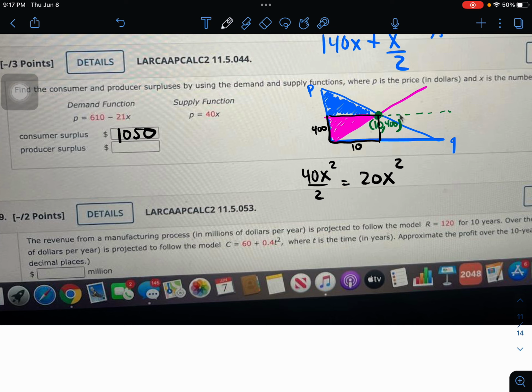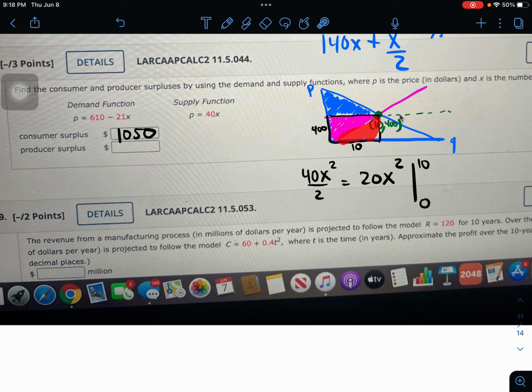The integral of 40x is 20x squared. And I am going to evaluate that over my interval, which is from 0 to 10. And that goes right here, 0 to 10. It's that interval.